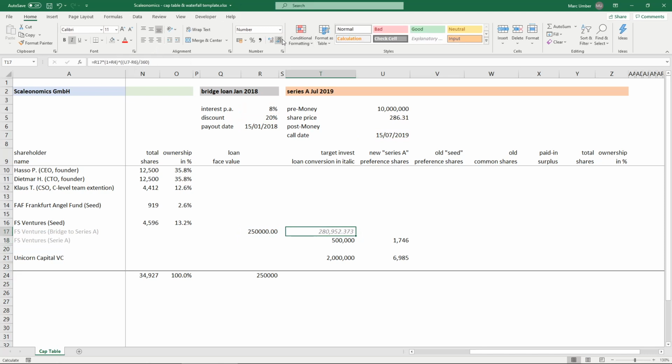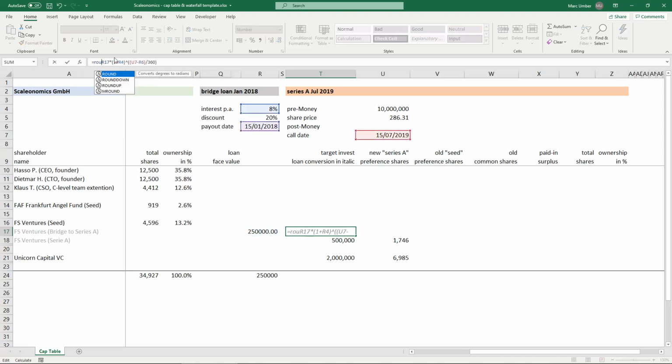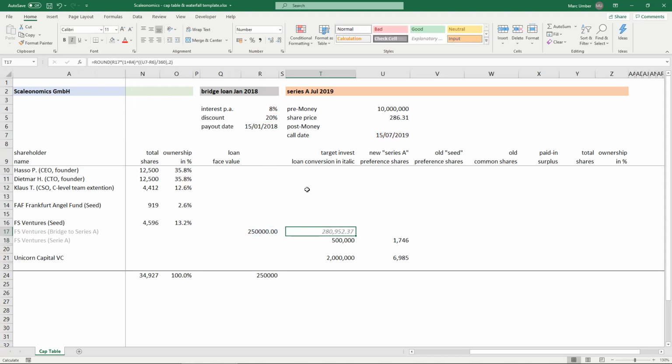Okay, very good. Again, we need to make sure that we don't make any rounding errors. So this gives Frankfurt School a total loan conversion value of 280,952 euros and 37 cents.